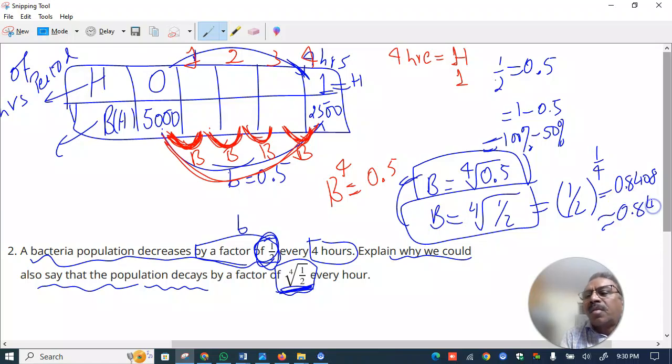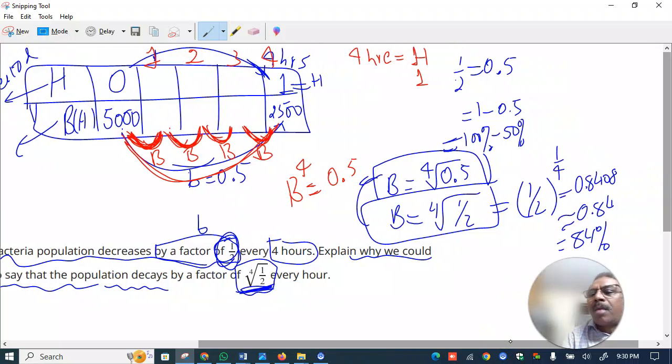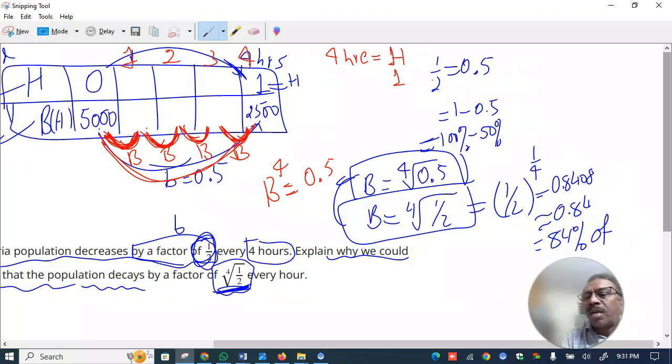So that means this is 84% retained. How much of the population remains is almost 84% of the original population of bacteria. That means you lose, if you check this from 100%, if you take away 84%, you get 16% loss.